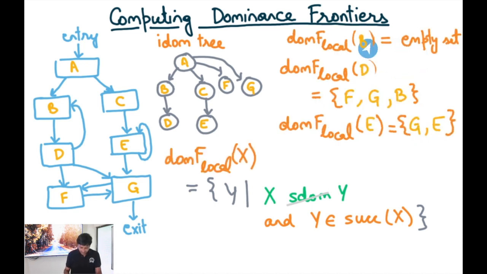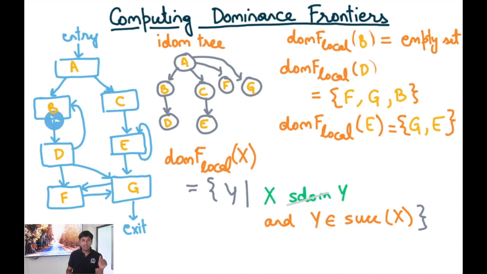So here are some examples. The DOMF local of B is the empty set. Notice that the immediate successor of B is only D. That's the only successor, and D is strictly dominated by B. So DOMF local of B is just the empty set.